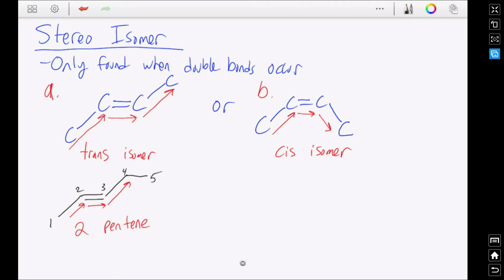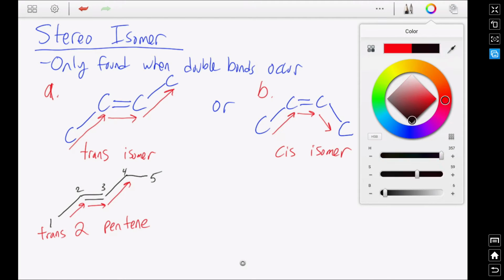But because it could possibly bend the other way, we have to specify this. So we add the following in front of the pentene. We call it a trans 2-pentene. Trans 2 basically means that the double bond is going to exhibit this trans isomer behavior.